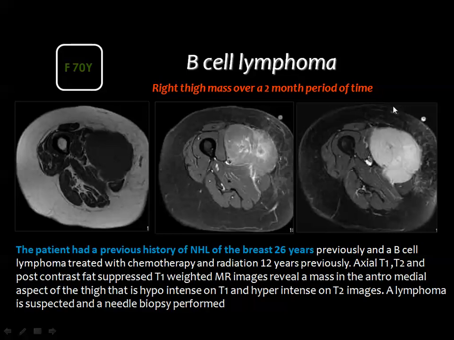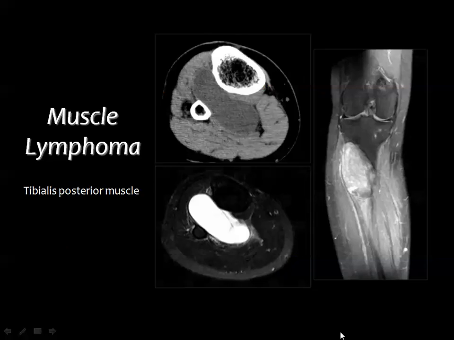Then the diagnosis, of course, is confirmed by biopsy. And this has been proved to be a lymphoma of the tibialis posterior muscle.